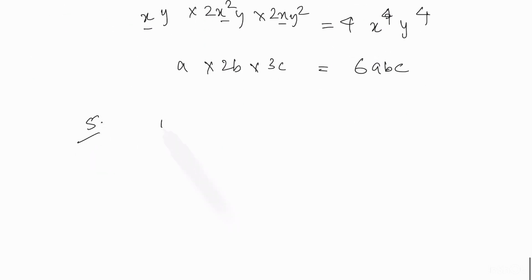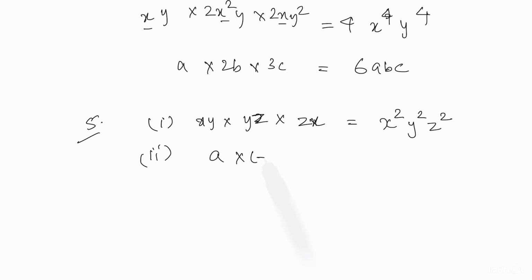Last question, xy into yz into zx. X is 2 times, so x square, each term is 2 times, so its power will be 2. A into minus a square into a cube. How many times is a there? Minus, because this is a 1, so the minus sign will be there.